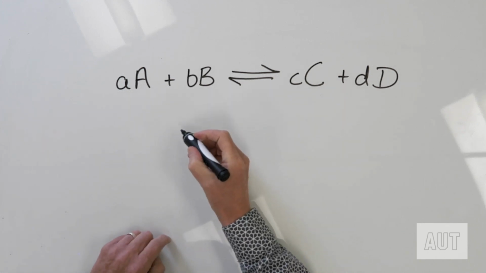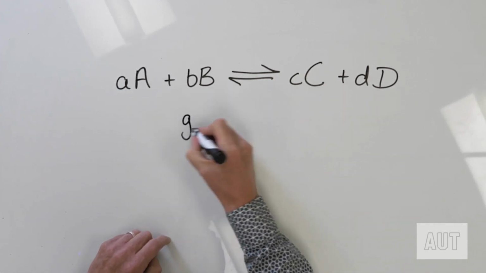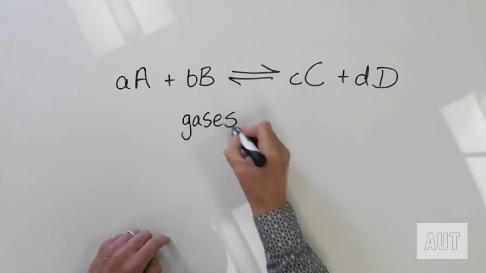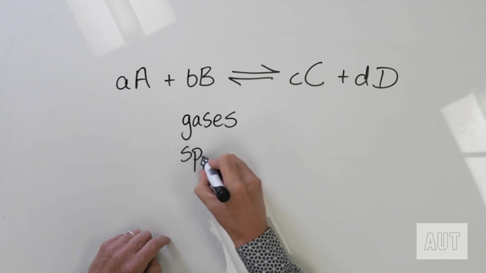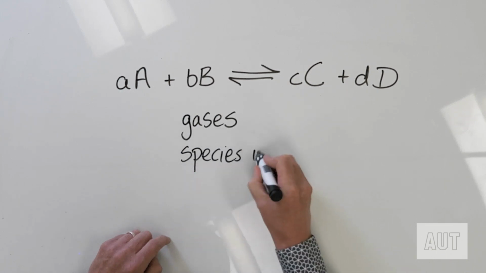Okay? So, one other thing about equilibria that I will mention in passing, this will become very important later on. Just to finish this off, the only things that you put in equilibrium constant expressions are gases and species in solution.